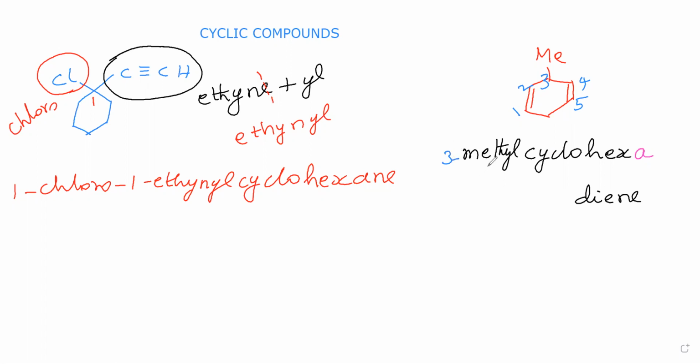Then the double bonds: this double bond is present at first carbon, this double bond is present at fourth carbon. Therefore double bond position is 1,4-diene. Like this we have to say the name for this.